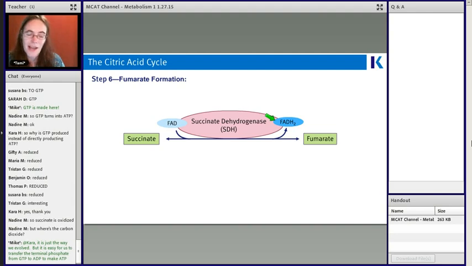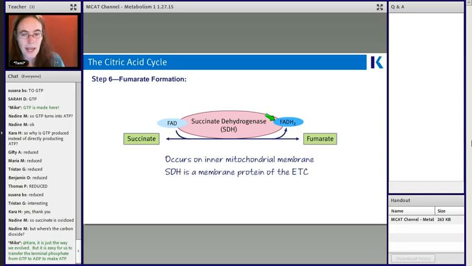So this is actually a membrane protein of the electron transport chain. Okay, so this one is bound for the electron transport chain. It occurs in the inner mitochondrial membrane because it is a membrane-bound enzyme. So this is actually part of the electron transport chain.